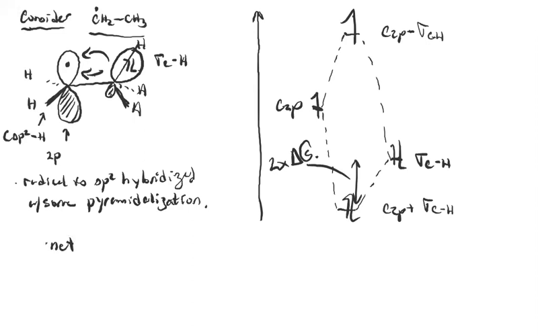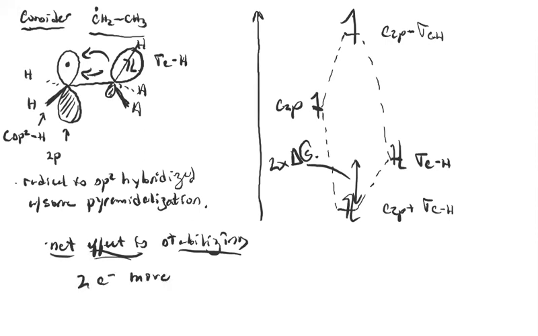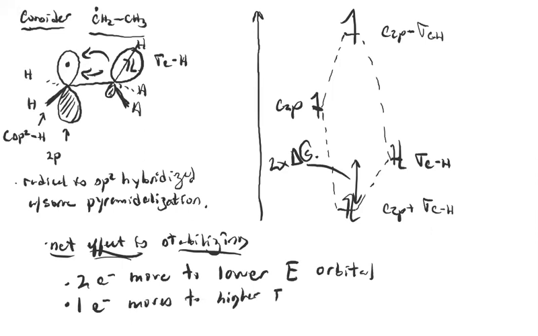So 2 electrons move to a lower energy orbital, 1 electron moves to a higher energy orbital, but the overall effect is still one of stabilization.